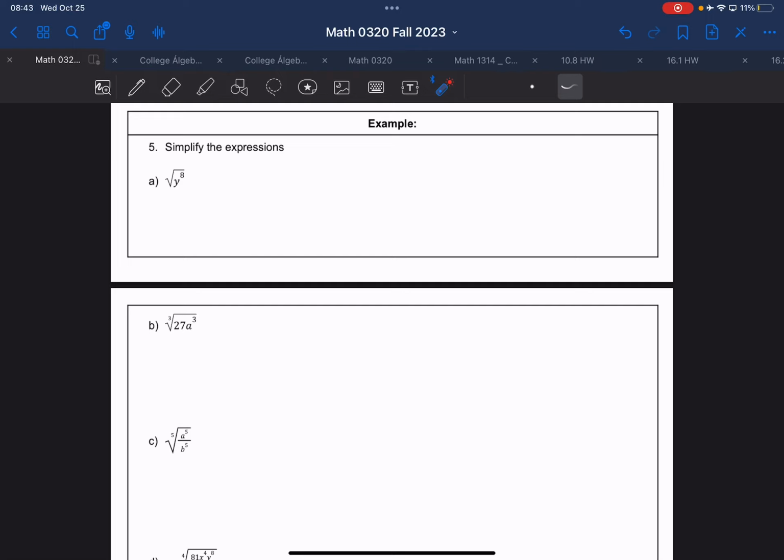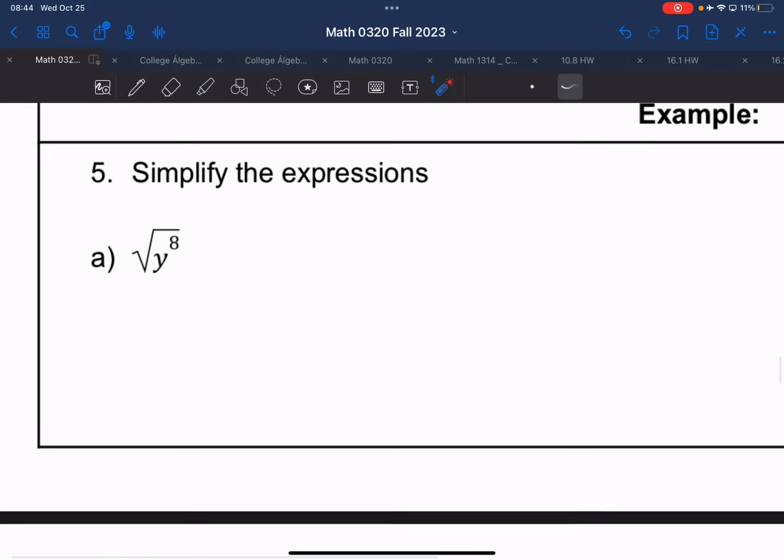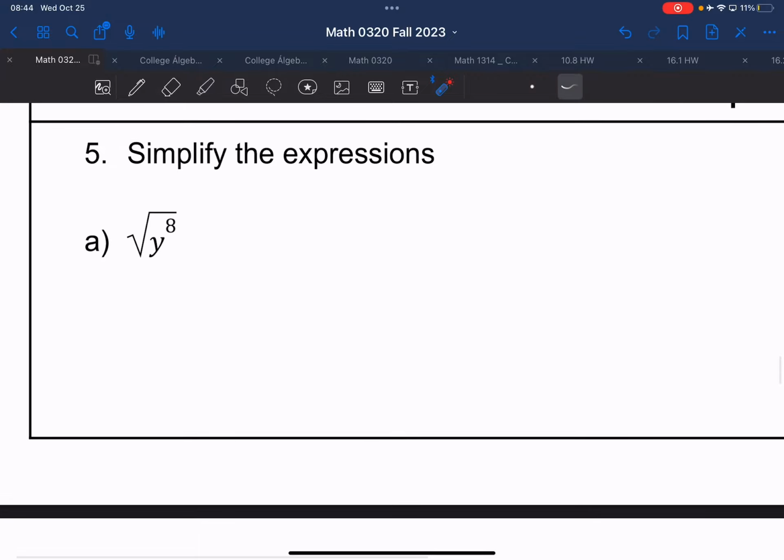So for this next part, we're going to be simplifying these expressions by using the knowledge of the perfect squares and perfect cubes. So looking at part A, we know that y to the 8th power can be rewritten as what?